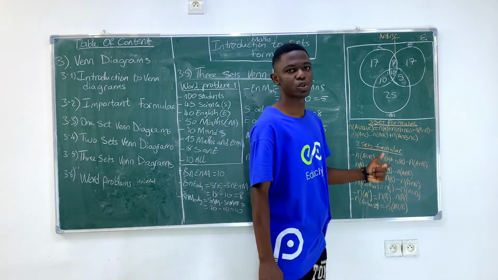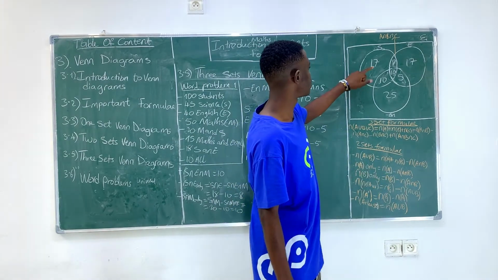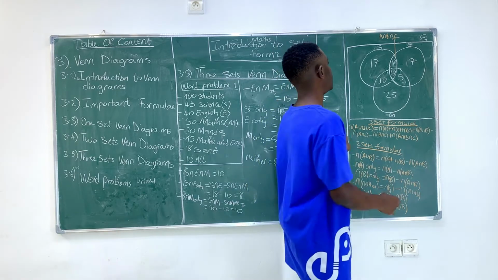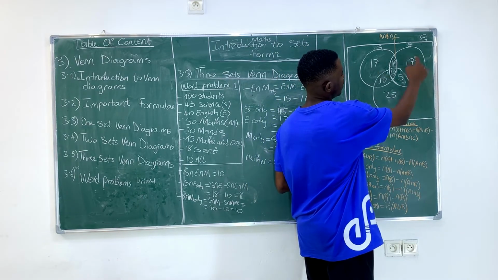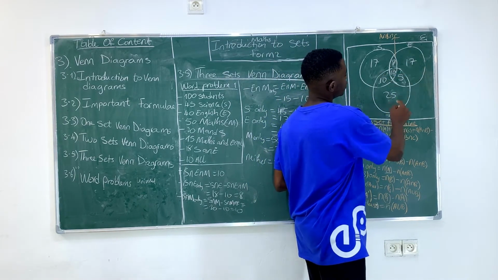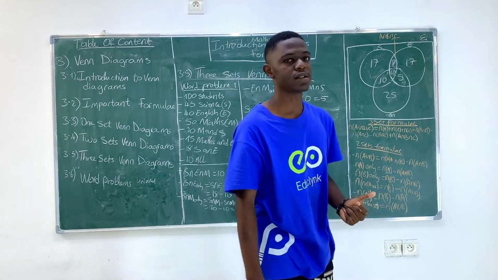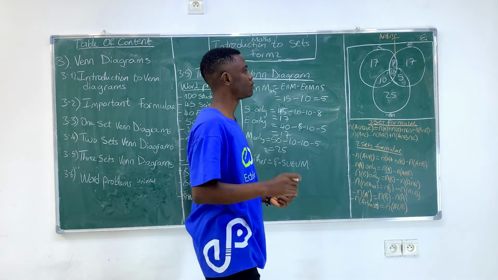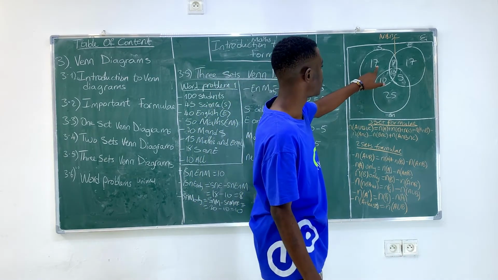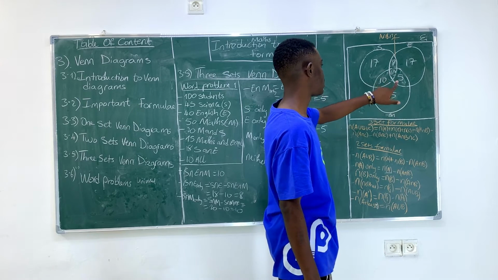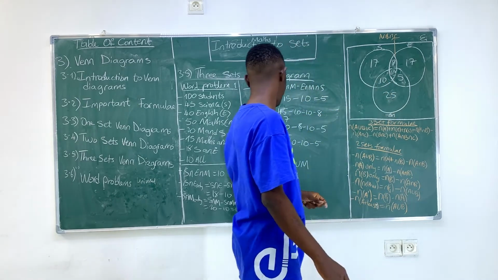So when you do this, you're not using a calculator here, you just add this and this and this and this and this and this. You add all the terms in all the sets, you add them one time. So it is 17 plus 8 plus 17 plus 10 plus 5 plus 10 plus 25.